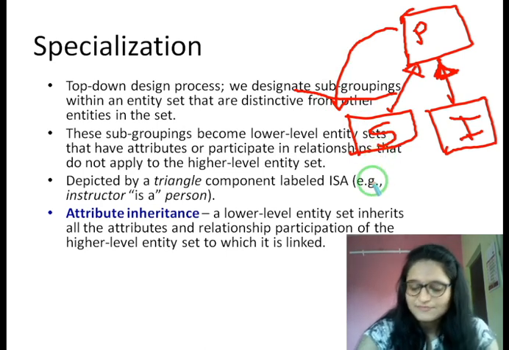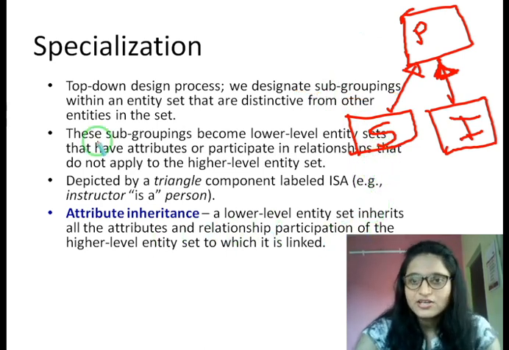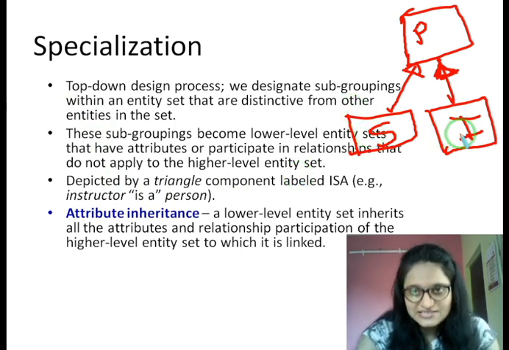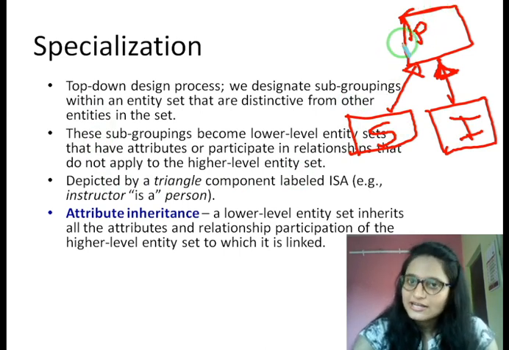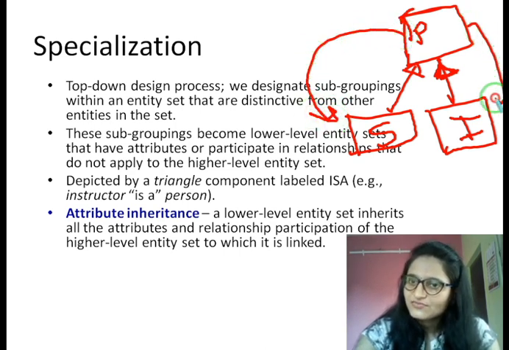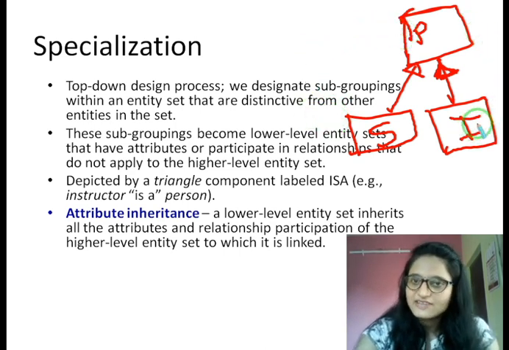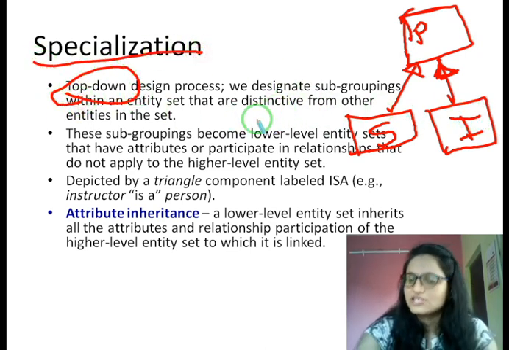Top down means, dear student, like an inheritance property, your student and instructor are inherited from the person entity. Therefore all the attributes of the parent class get accessed in the child class. Right? Therefore we say that we follow a top-down design pattern in specialization.